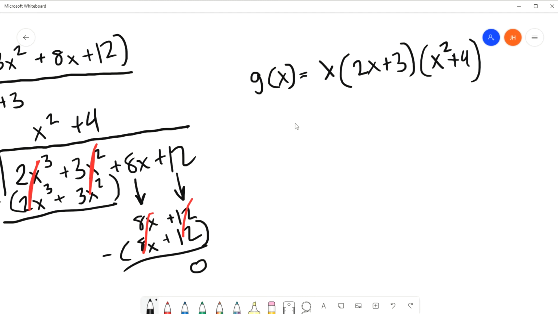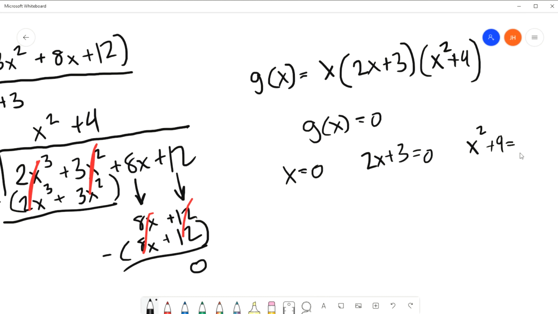So what are my zeros? What are my intercepts for this? Well, if I set g of x equal to 0, then each of these individual factors would be equal to 0, right? So I'd have x equals 0, 2x plus 3 equals 0, and x squared plus 4 equals 0. That 4 doesn't look so good, huh? Let's fix it.